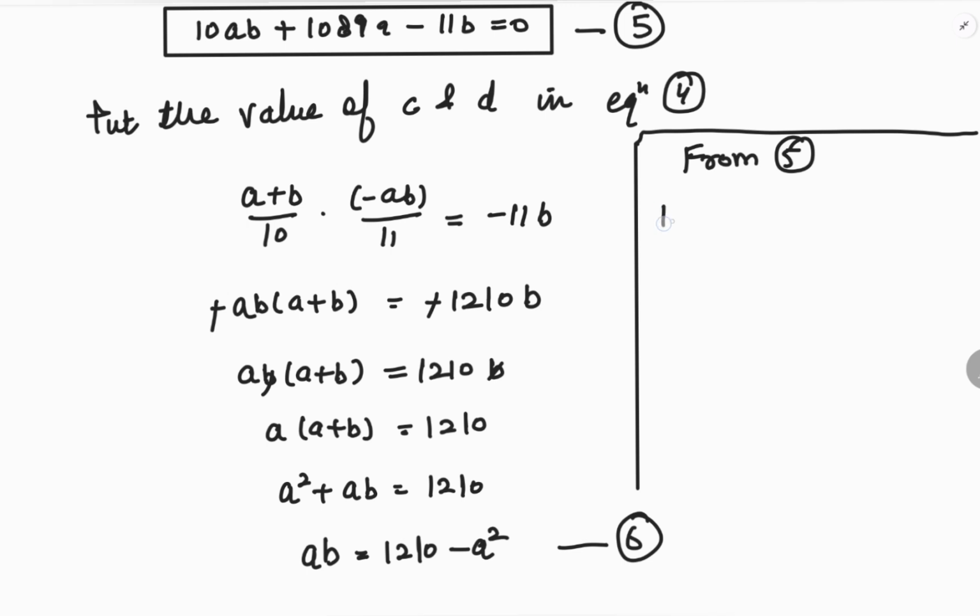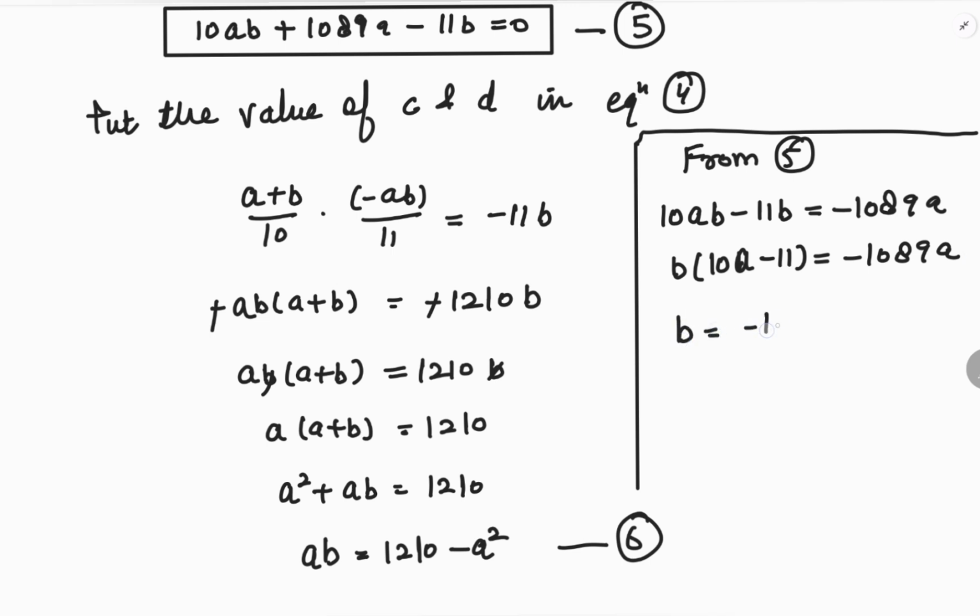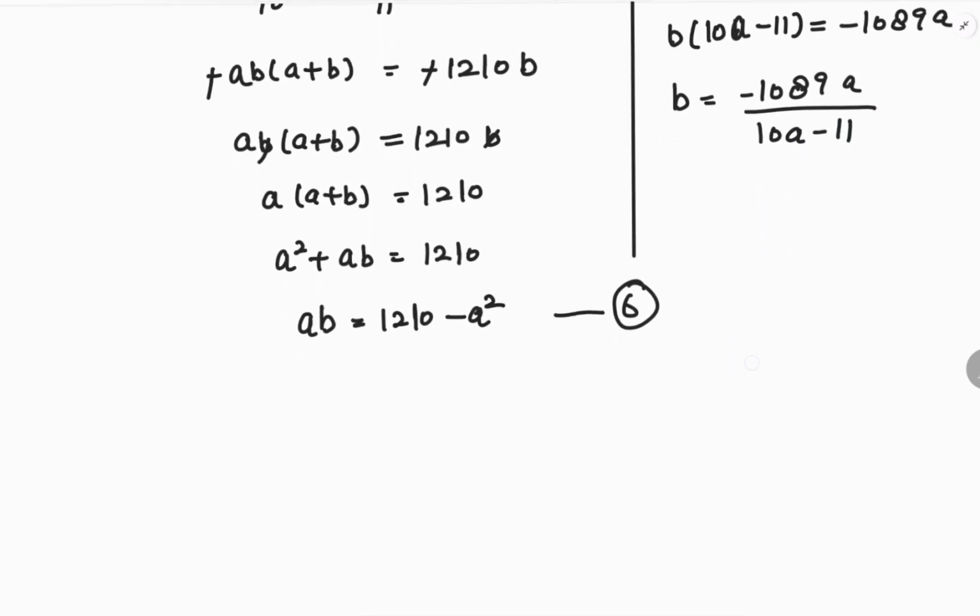We can write 10AB minus 11B here, and we can take 1089A to the right hand side. Okay, and if I take B common, I will get 10A minus 11 is equal to minus of 1089A, right? And this implies B is equal to minus of 1089A by 10A minus 11. So we finally got the value of B.